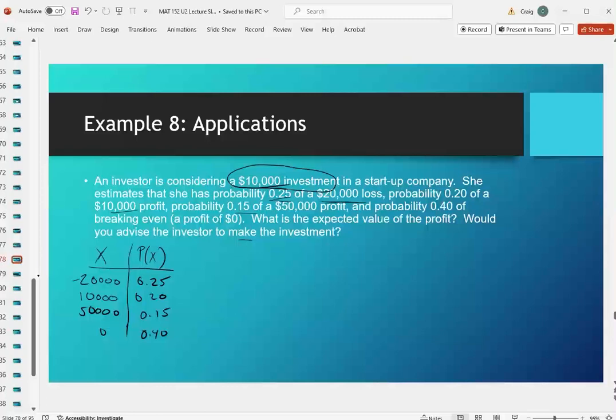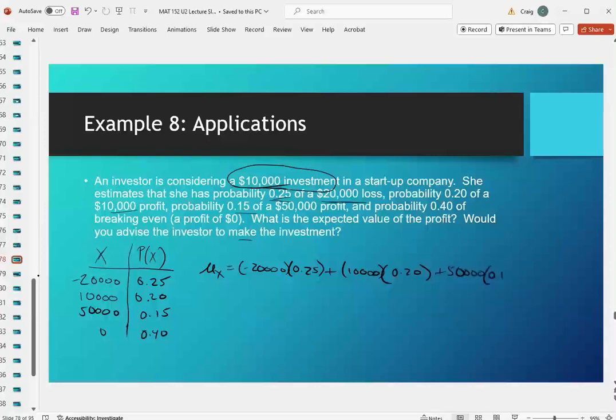So now we want to find the expected value. Negative 20,000 times 0.25, plus 10,000 times 0.2. Okay, and it's important to keep things like losses and profits separate here. If it's a loss, it would be negative.